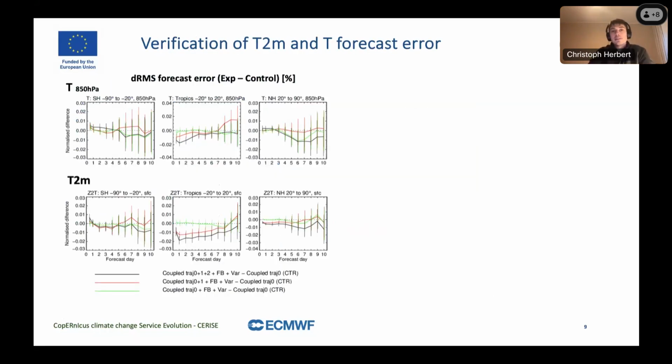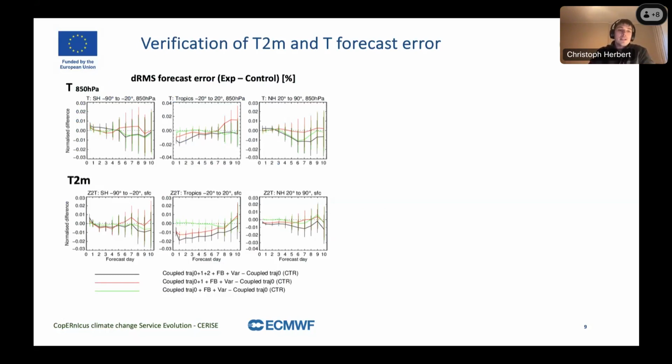The first results I wanted to show you are about the impact on the atmospheric forecast. Here you see plots of the normalized differences of the root mean square forecast error between the experiment and our control. It's a percentage, so the 0 line is the control experiment, and everything in the negative numbers means a reduction of our forecast error, which is a good sign.